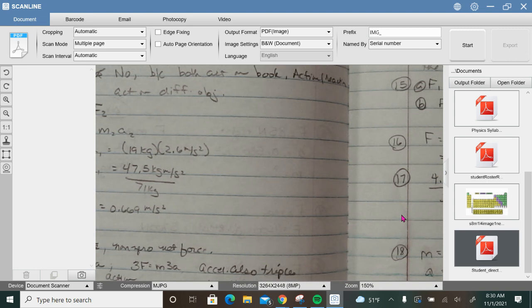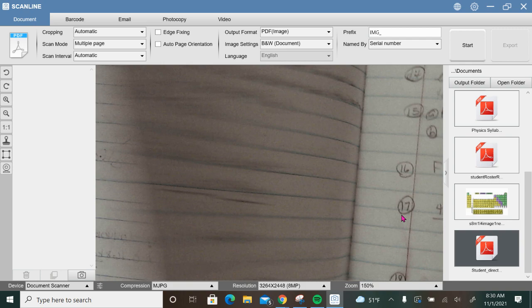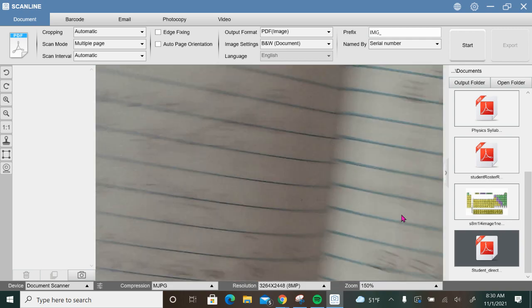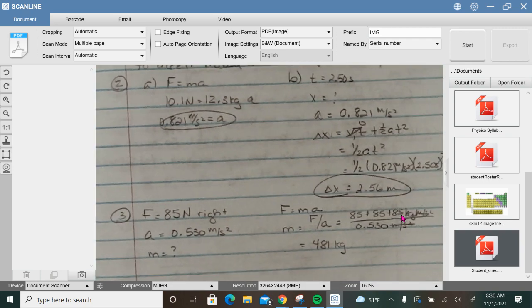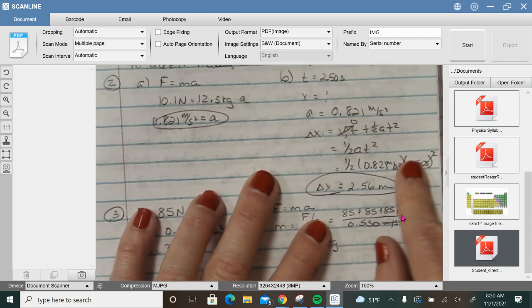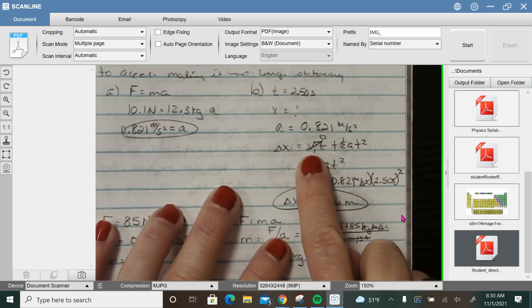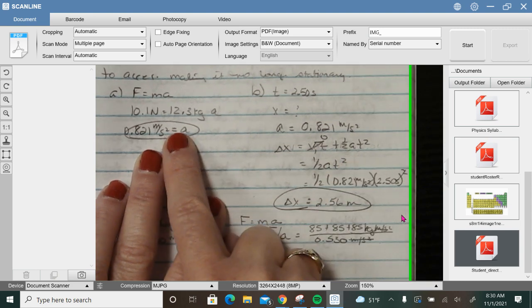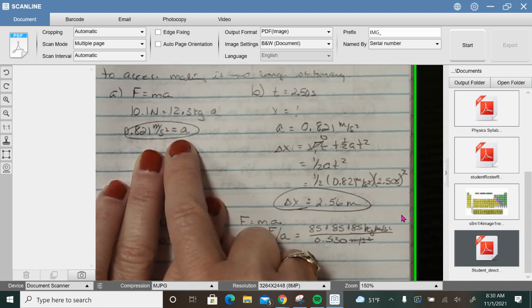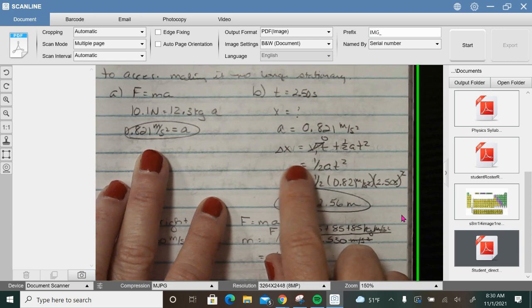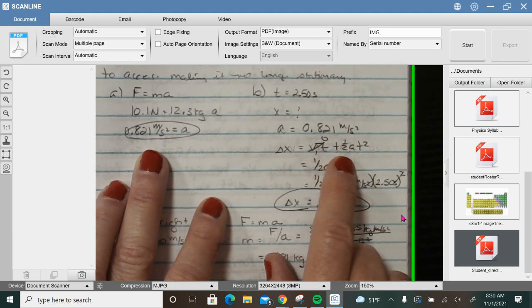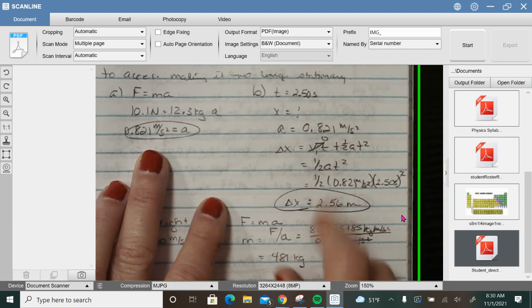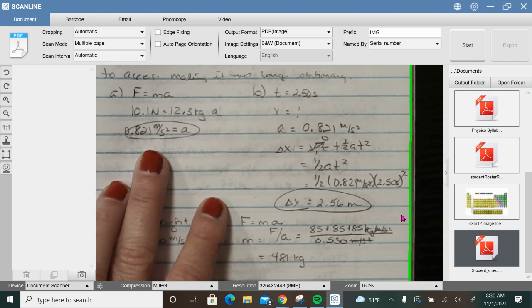Anything else? On 2B, I used delta x equals v initial t plus one half a t squared. You are correct, that's what you would do. You would use F equals ma to find the acceleration, and then plug it into delta x equals v initial t plus 1/2 a t squared.